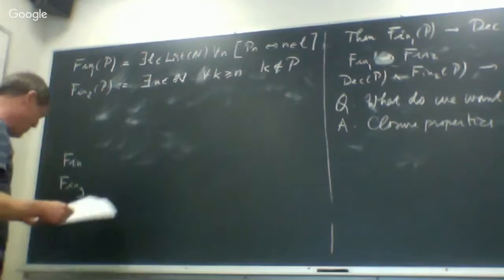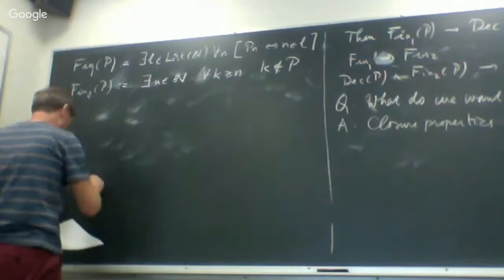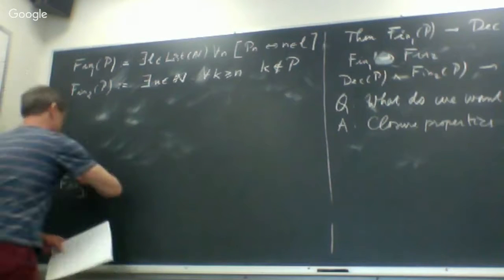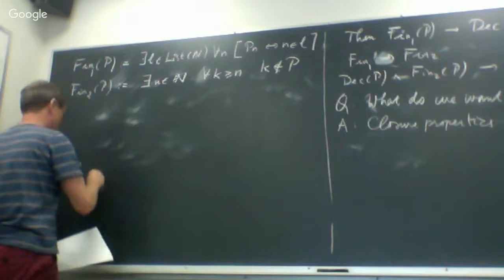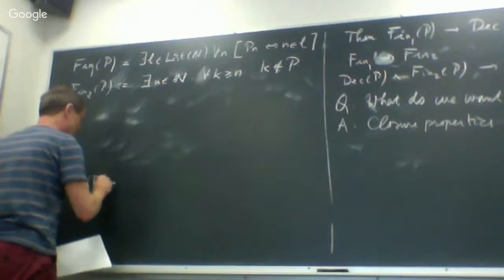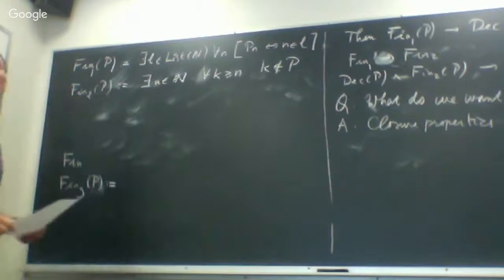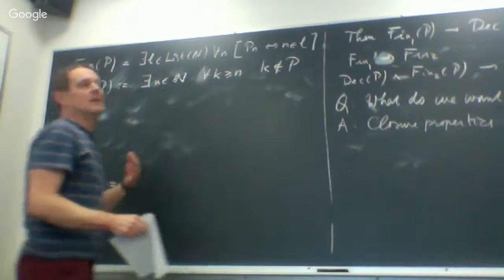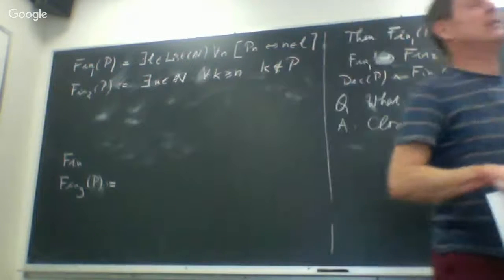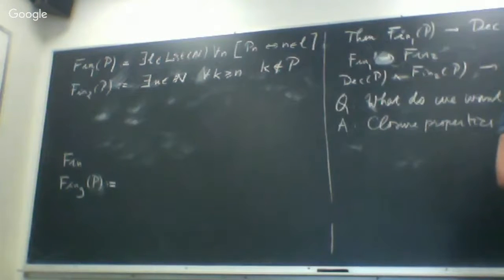But this is at least the weakest. The weakest that I know is the negation of the strongest way to say that P is infinite.